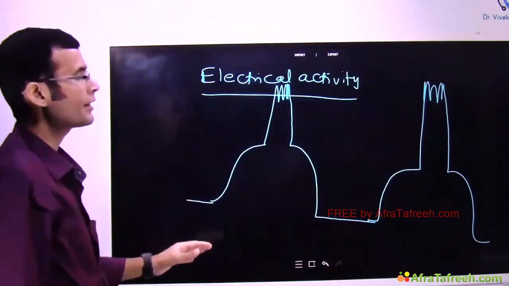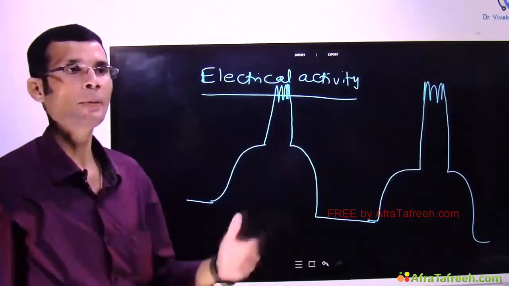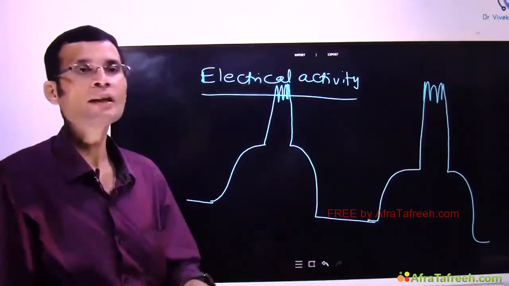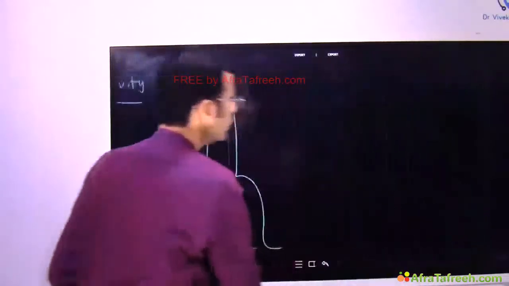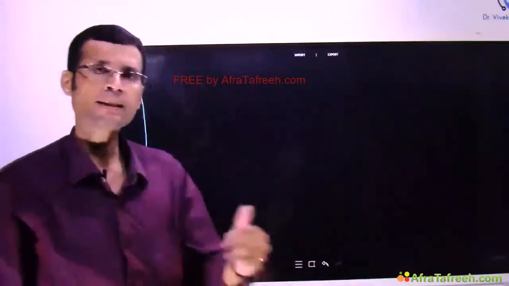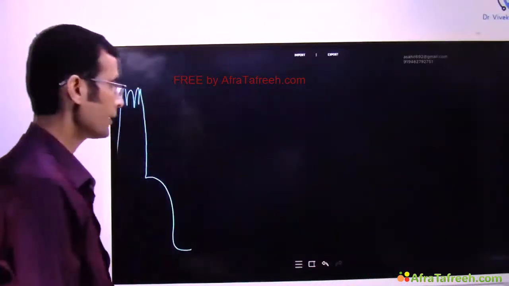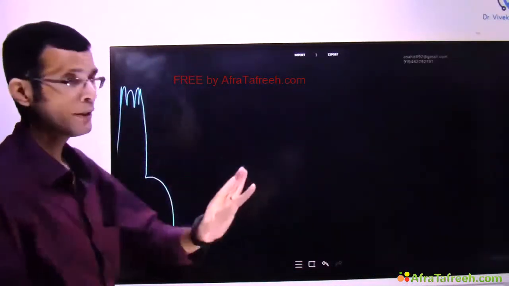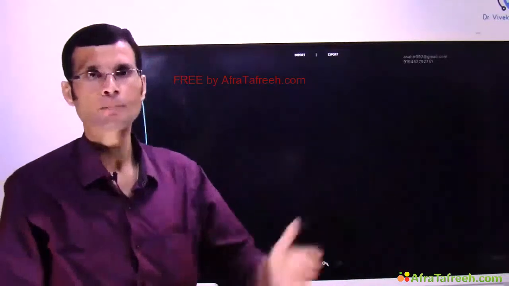Now this electrical activity occurs with a certain pace, and that pace differs in each part of the digestive tract. So there is a pacemaker cell which determines this pace of the electrical activity. The frequency is different in different parts.